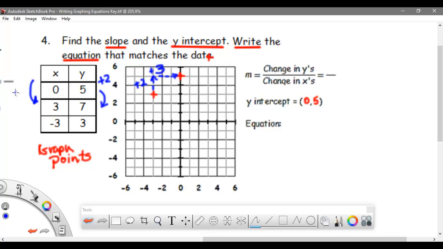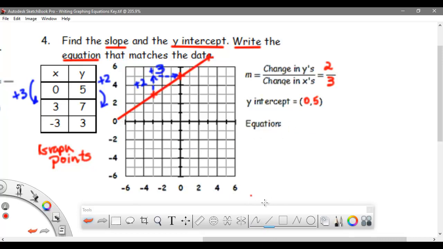And you can see that's exactly what it shows in the table compared to the graph. So that means my slope is a +2/3. Now with knowing the slope and the y-intercept, I can use the slope-intercept form of a line to write my equation.